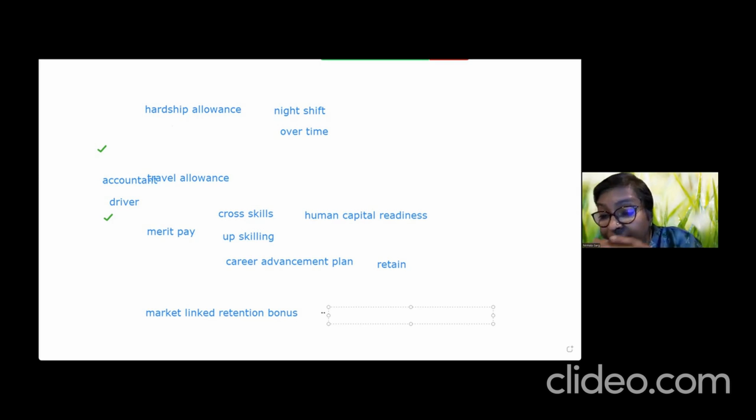Now, in order to reduce your attrition, becoming cognizant of the fact that there's going to be a sudden demand for the skill sets you are using, you have to identify them and give some kind of a variable bonus, not factored into your base salary, but yes, for 1 year or 2 years.